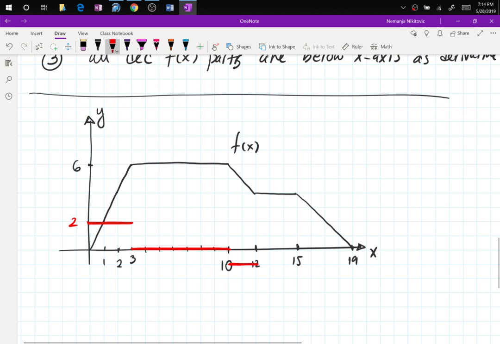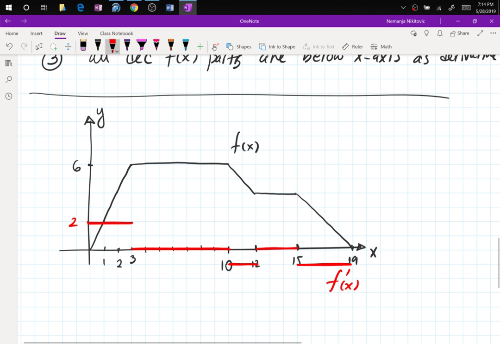And then 12 to 15 is 0 again, because it's constant. And then it drops 4 units in 4 squares, -1 again. Oh, that's -4 squares. Yes. So -4 down, and 4 forward.